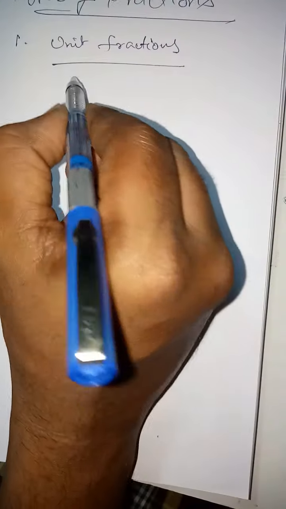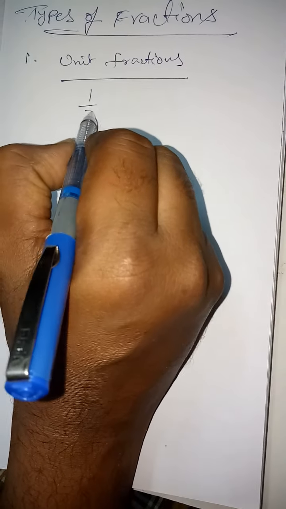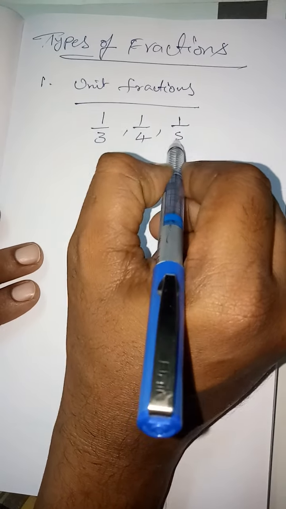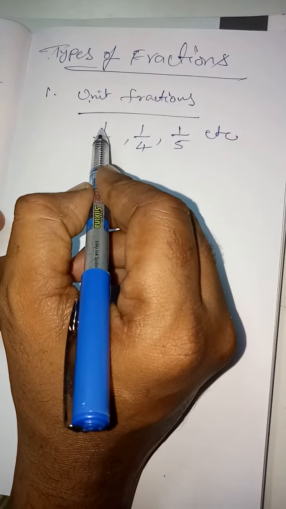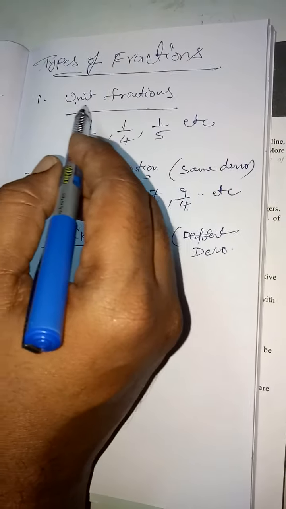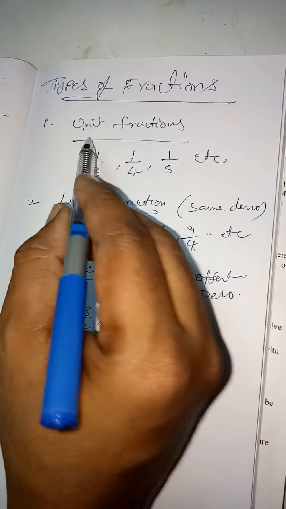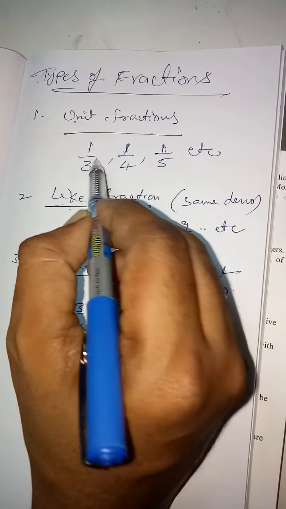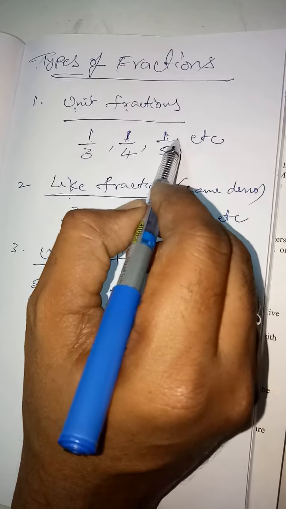Fractions in which the numerator is 1, such as 1 by 3, 1 by 4, 1 by 5, etc. Unit means 1, so the numerator should be 1.